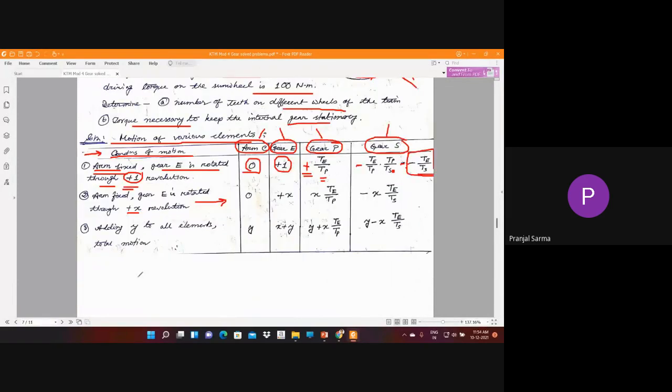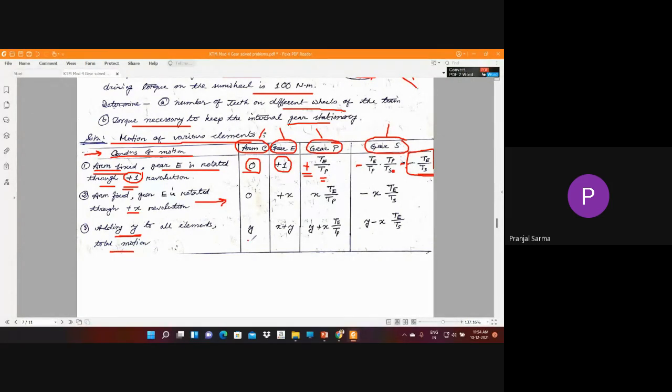Now we'll give motion to the arm also. We consider as if y revolutions are given to the arm, and for that we add y to all the elements, because in an epicyclic gear train it rotates about its own axis and also revolves around.